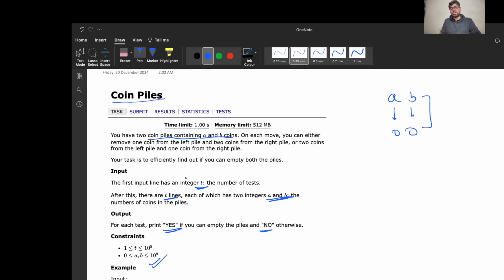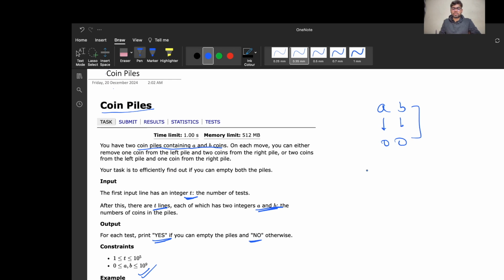If I take an example of 1 and 1, after removing two from one pile there is -1, and after removing one there is 0, so we cannot make this 0, 0.